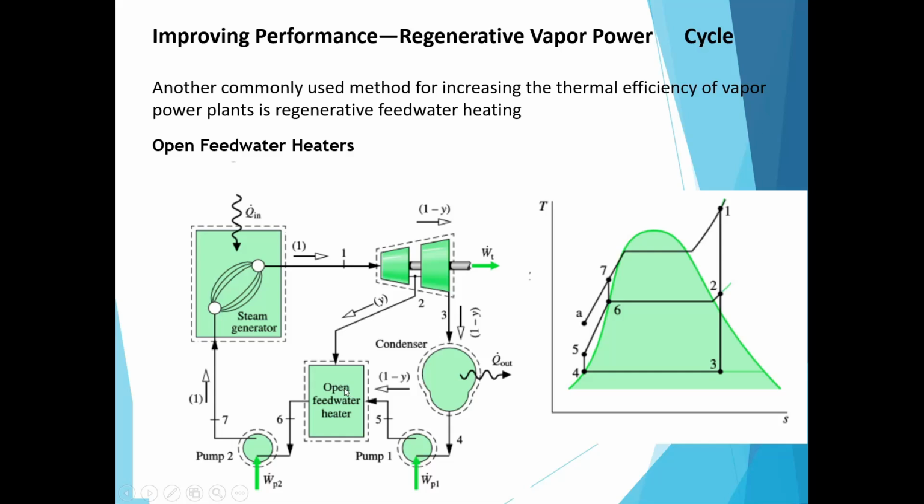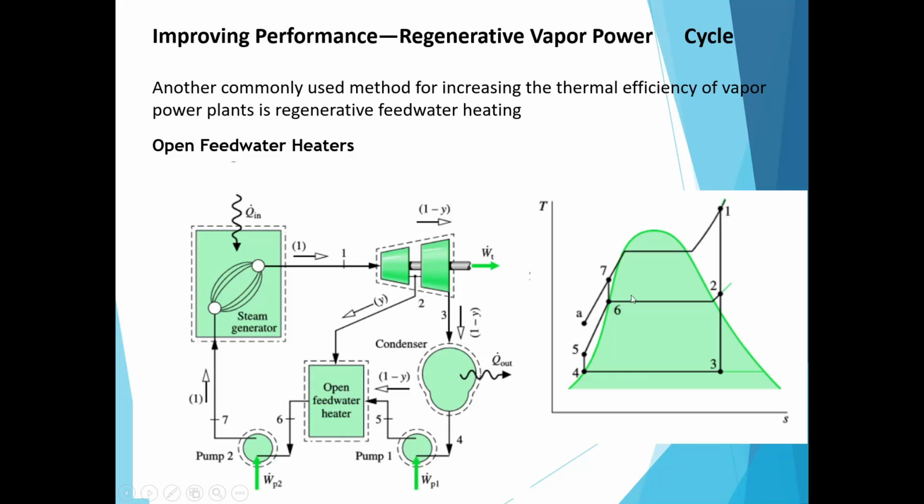Mixing with the steam line is what we call an open feed water heater, where the steam and the subcooled water mix together in such a way that it increases the temperature of the feed water, right? Then again it's pumped back. In this setup you have two pumps, and a steam line drawn from somewhere in the middle of the turbine.